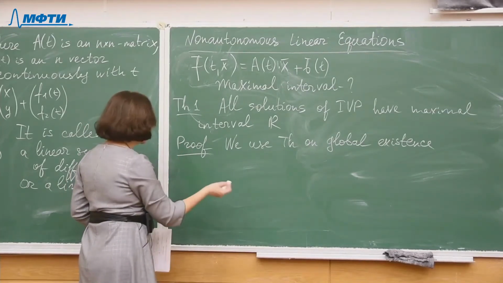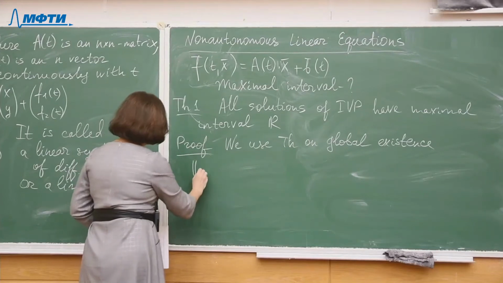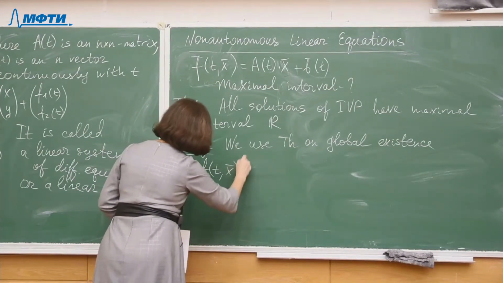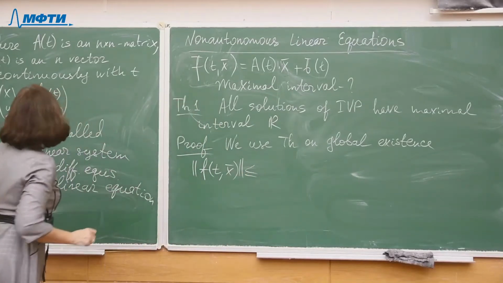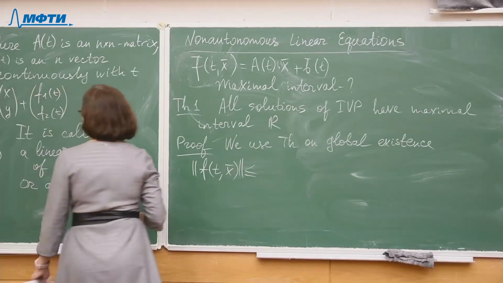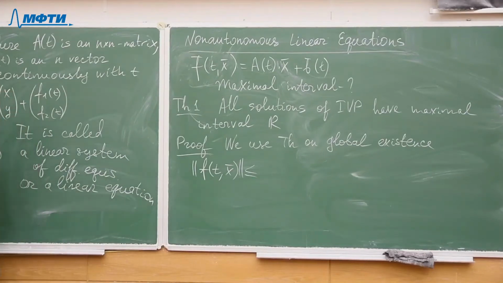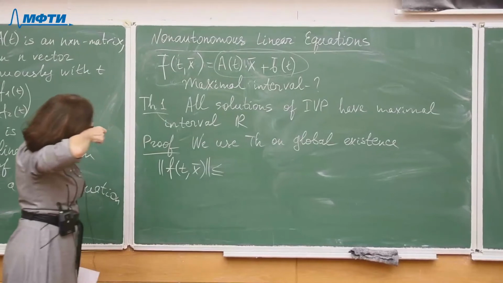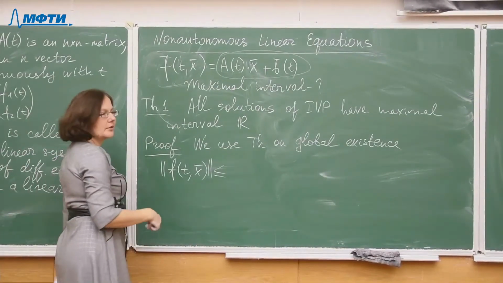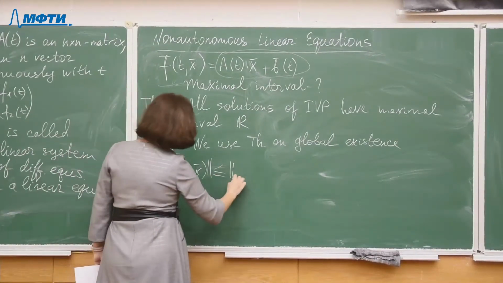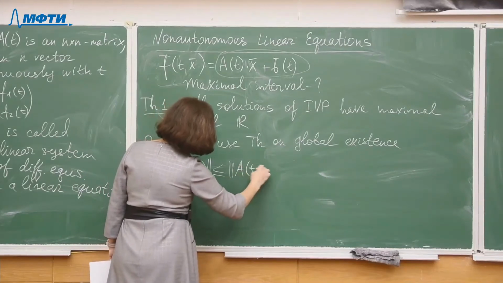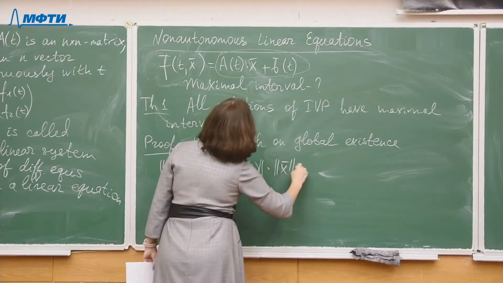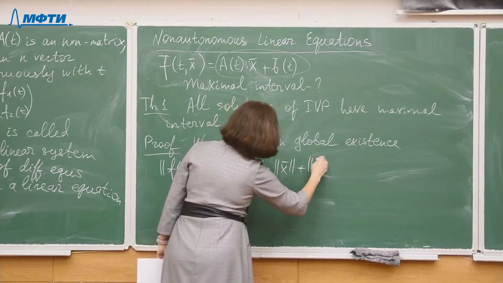So to apply this theorem, we should try to write the inequality. F of t, x is this function. By the triangle inequality, it is less than or equal to the norm of a of t times the norm of x plus the norm of b of t.